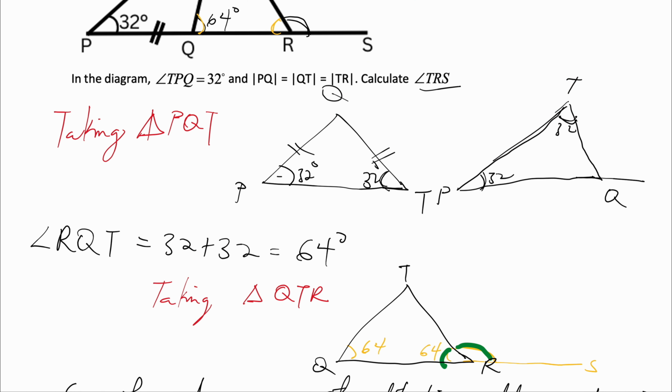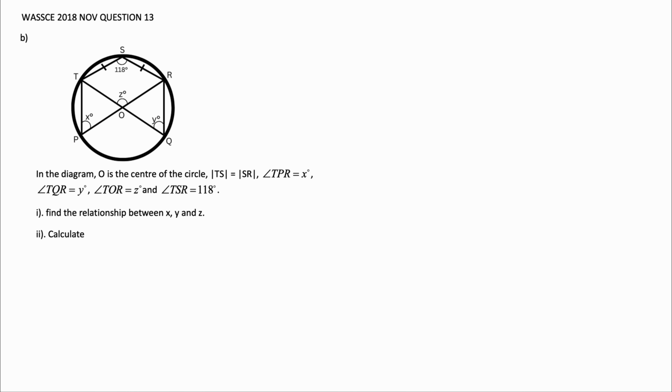So we'll be moving on to question 13b. In the diagram, O is the center of the circle. The line TS is equal to the line SR. The angle TPR is equal to x degrees, and the angle TQR is equal to y degrees.